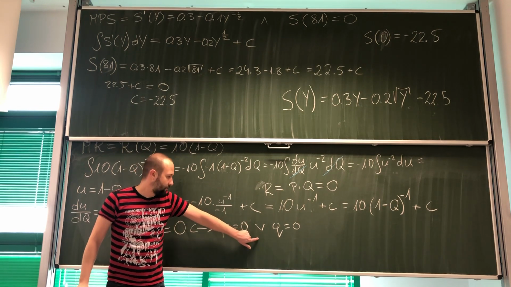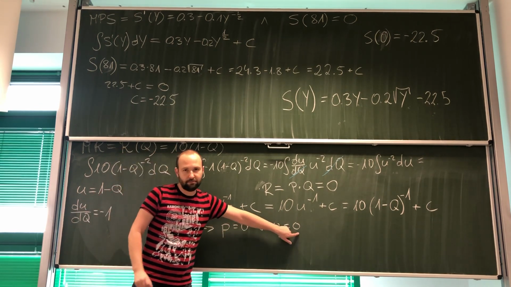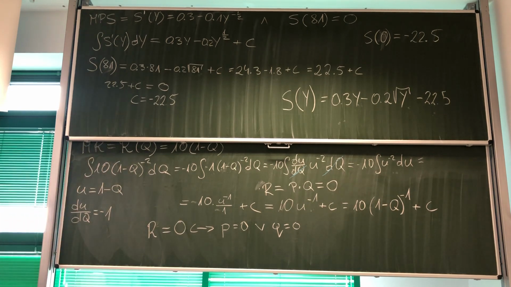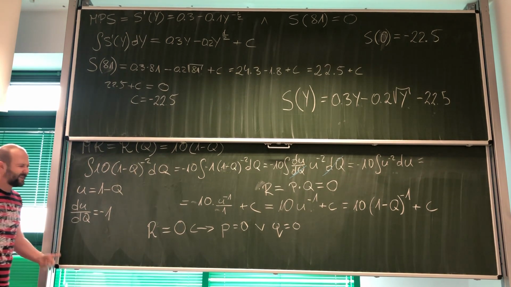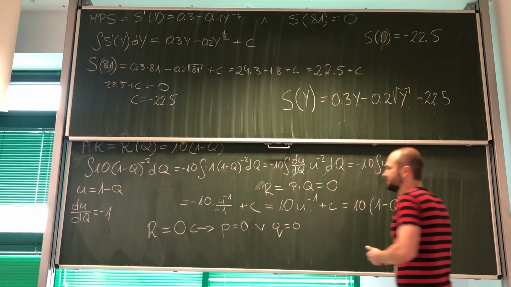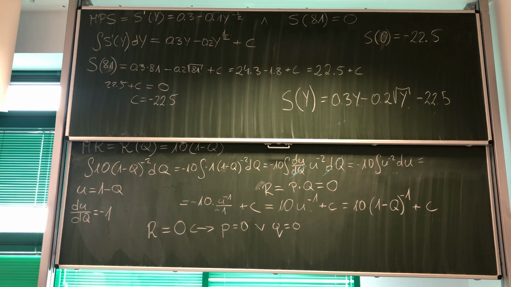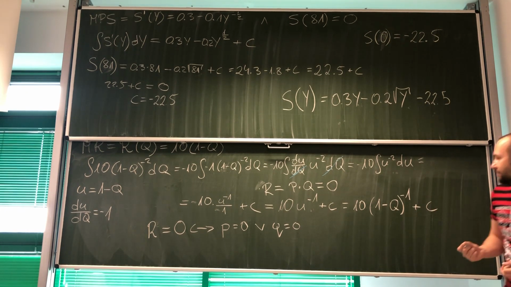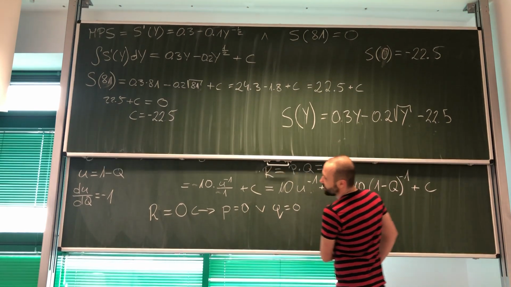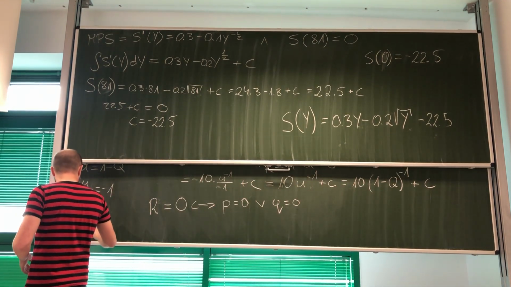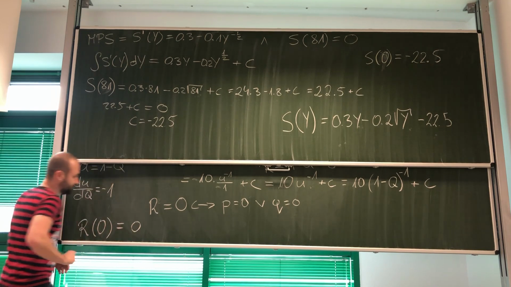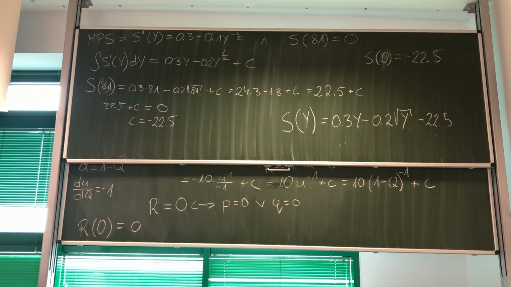I'm using or over here because, of course, if both are 0, total revenue will be 0 as well. But in this case, we shouldn't assume that price is going to be 0, because we are assuming that our company is selling goods at some price. So in this circumstance, total revenue is going to be equal to 0 if and only if quantity is equal to 0.